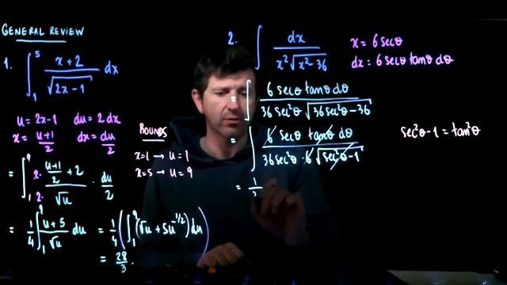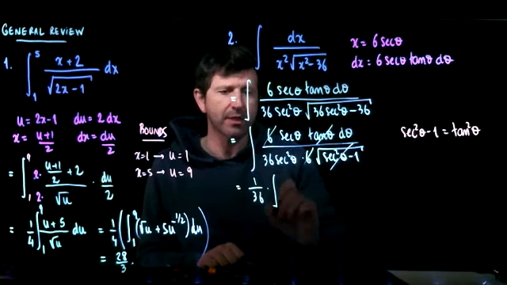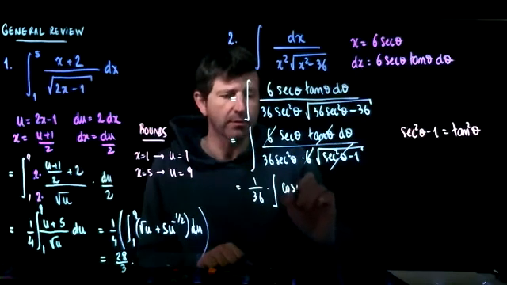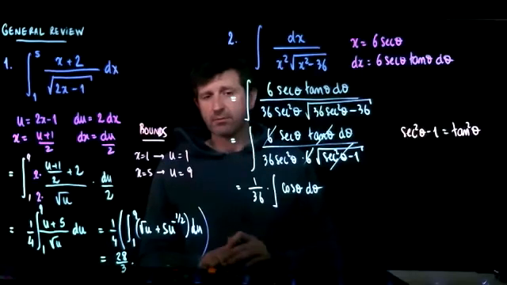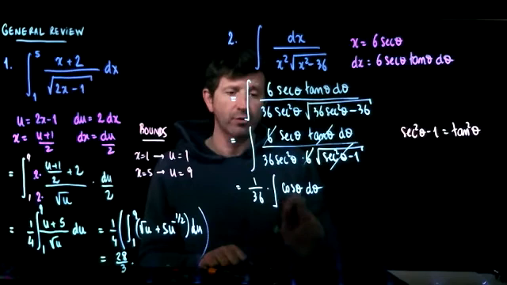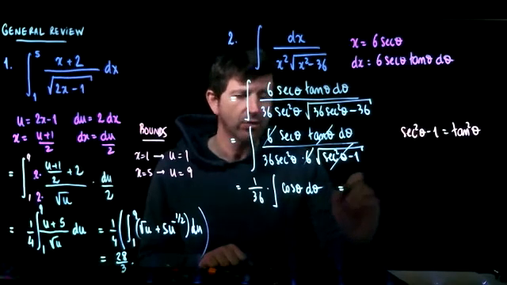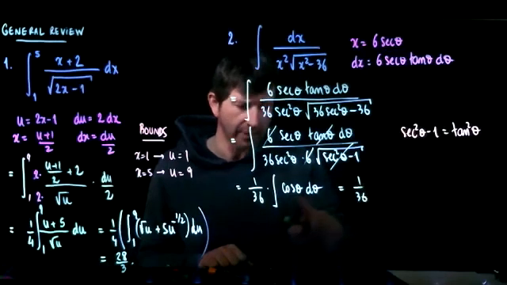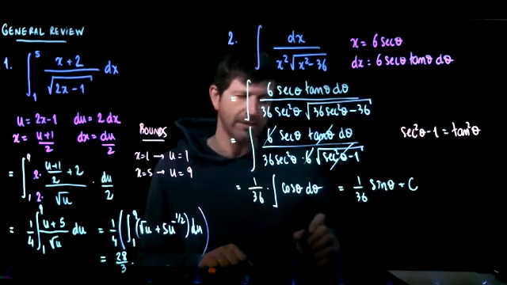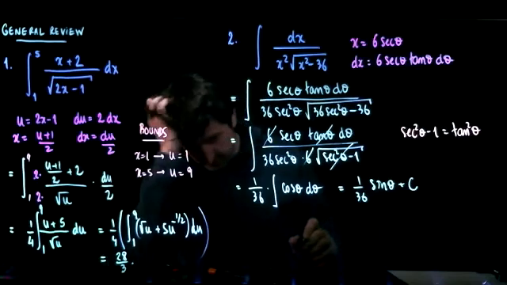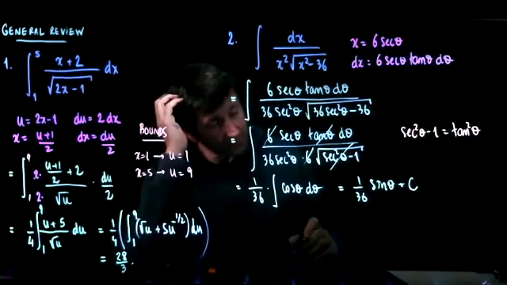So I can pull out 1 over 36 times the integral of secant over secant squared, which is just 1 over secant, and 1 over secant is cosine. Is that what you got? Okay, so the integral becomes very simple. It's 1 over 36, and now I can integrate easily: sine theta plus c. Okay, any questions?